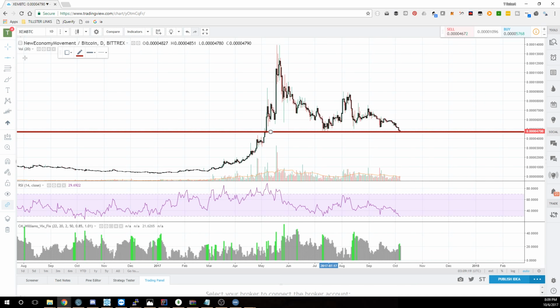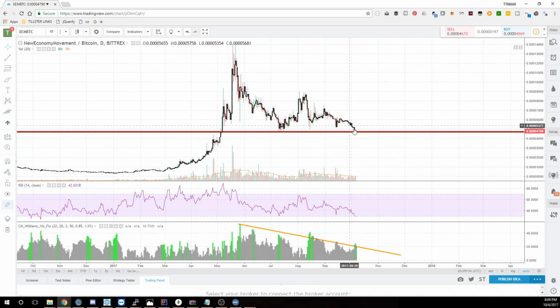Now, the bottom finder is signaling at a lower rate here. I'd say that there's definitely a decrease in the interest in this coin, long term. And we could be setting up for a motion beneath this right here.